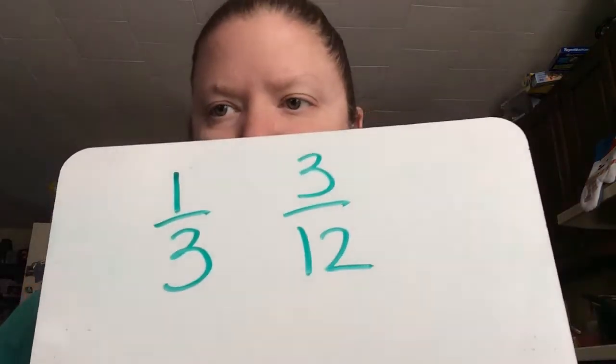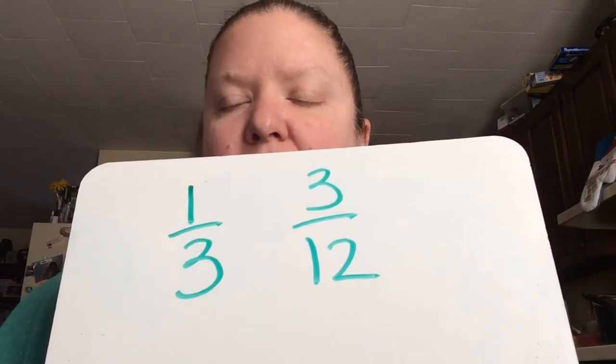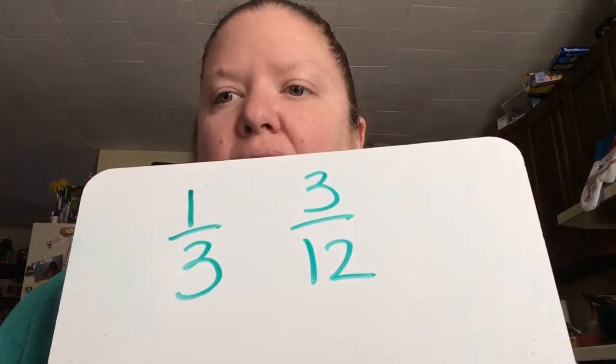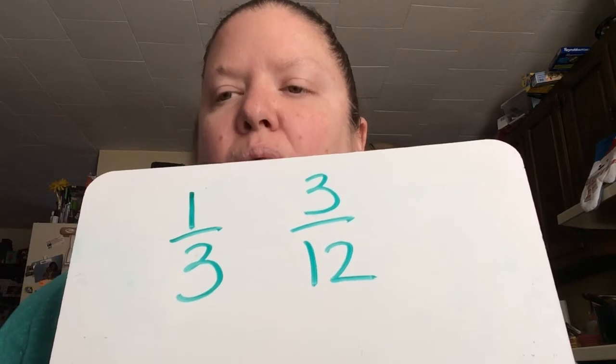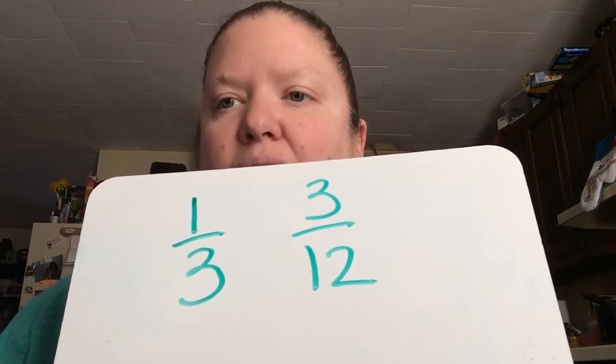So anytime the denominator is the same, just look at the numerators. Now, if the denominator is different, that makes it a little bit trickier, but not too bad, because we know how to make equivalent fractions. So if I have 1/3 and 3/12, and I want to compare those 2 numbers, I have to ask myself, what do I do to 3 to get to 12?